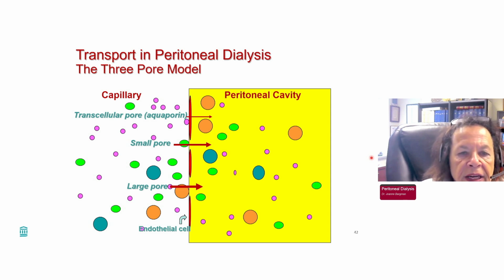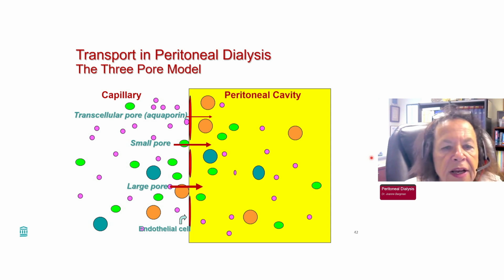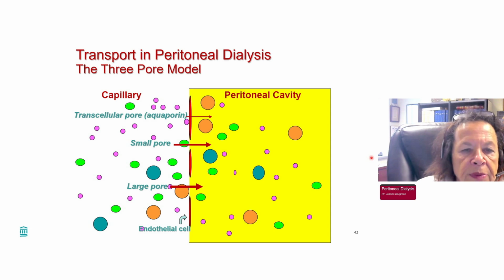It is activated by hyperosmolality. It is not ADH sensitive the way the aquaporins are in the cortical collecting tubule of the nephron. These are non-ADH sensitive, but they are activated by hyperosmolality. And when that happens, the aquaporins turn on and water can move into the peritoneal cavity.